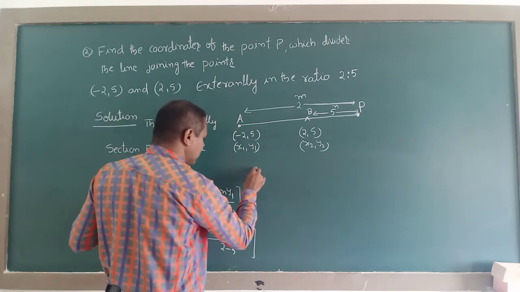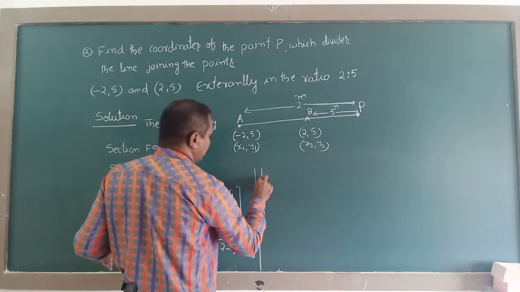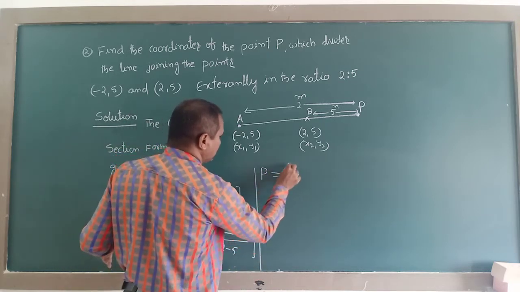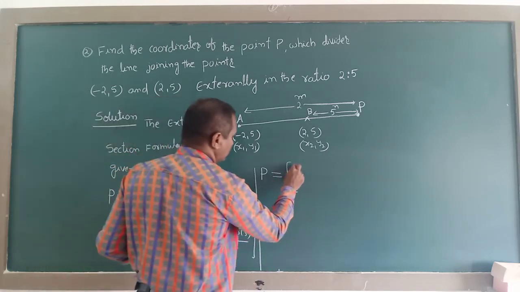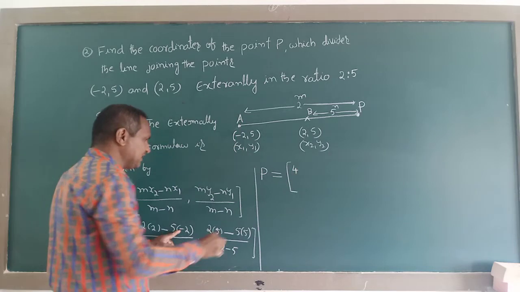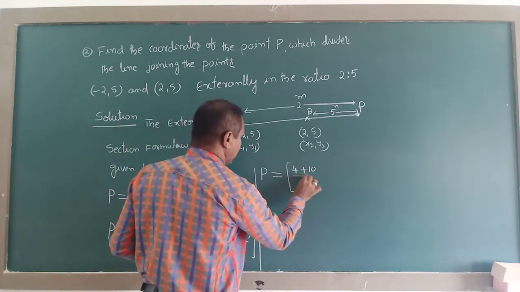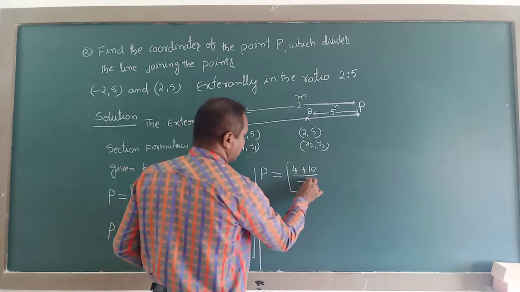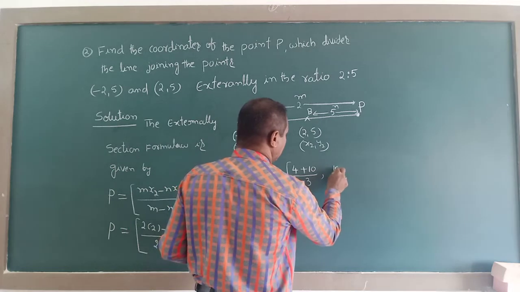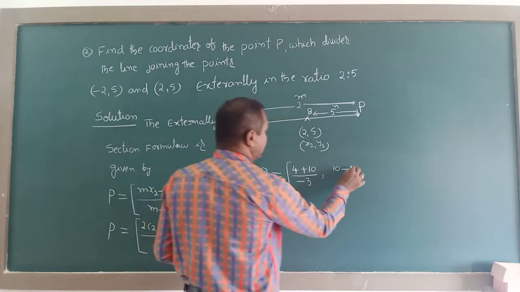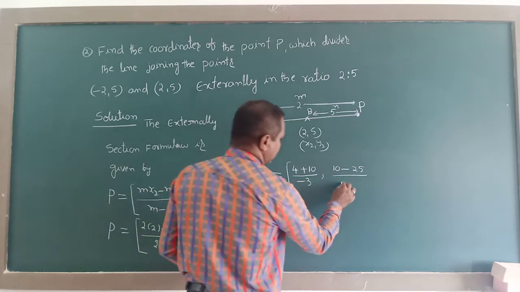That is, P is equal to: 2 times 2 is 4, minus times minus is plus, 5 times 2 is 10, whole divided by 2 minus 5, which is minus 3, comma, 2 fives are 10 minus 5 fives are 25, whole divided by 2 minus 5 which is minus 3.